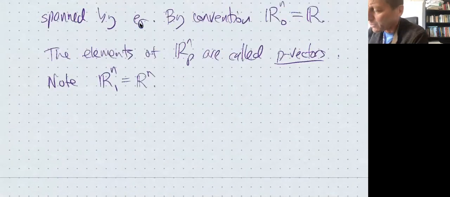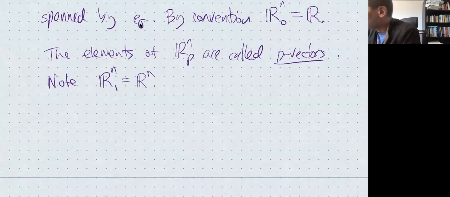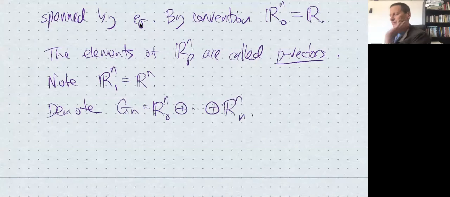And let's define an inner product. I'm sorry, before we do that, let's denote by G sub n the direct sum as vector spaces of these RNPs.